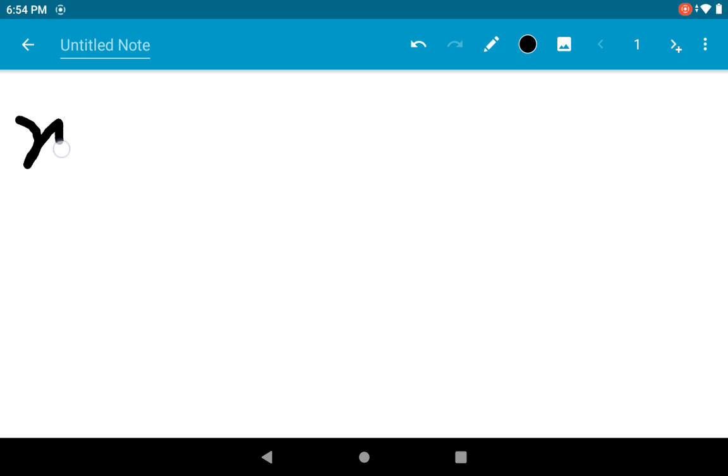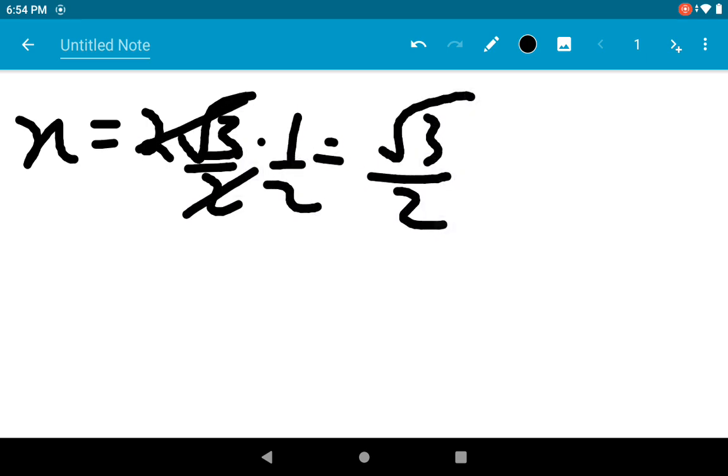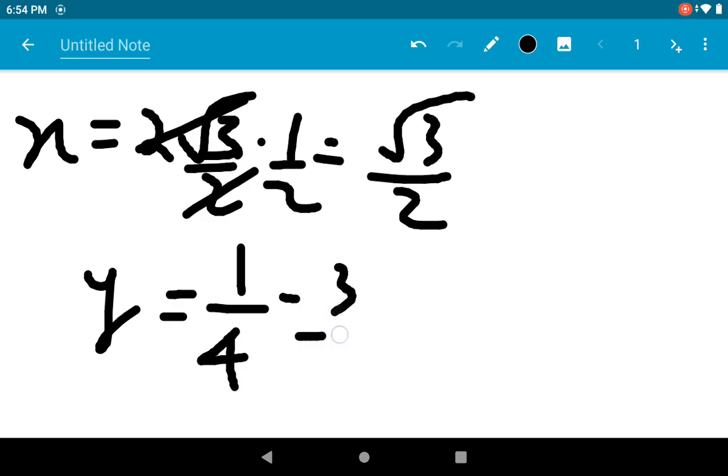All right, the third question says x equals 2 sine 60 cos 60. So that's going to be 2 root 3 over 2 into 1 by 2. That's going to give us root 3 by 2. And y is sine square 30 minus cos square 30, which is going to be 1 by 4 minus 3 by 4, which is going to be minus half.